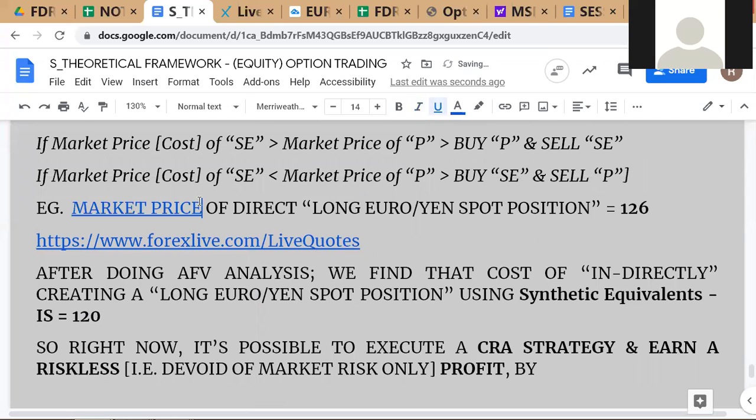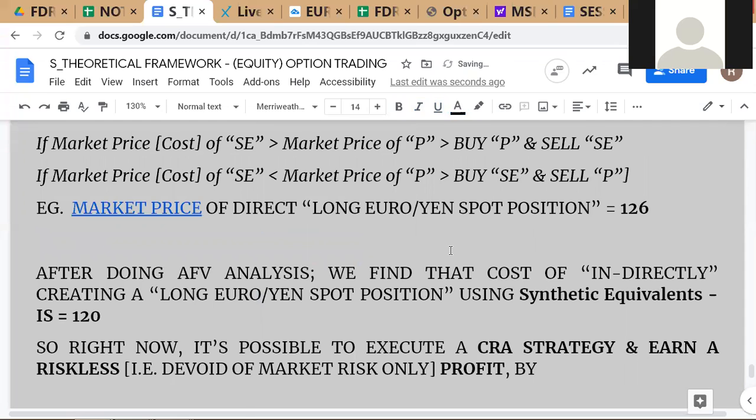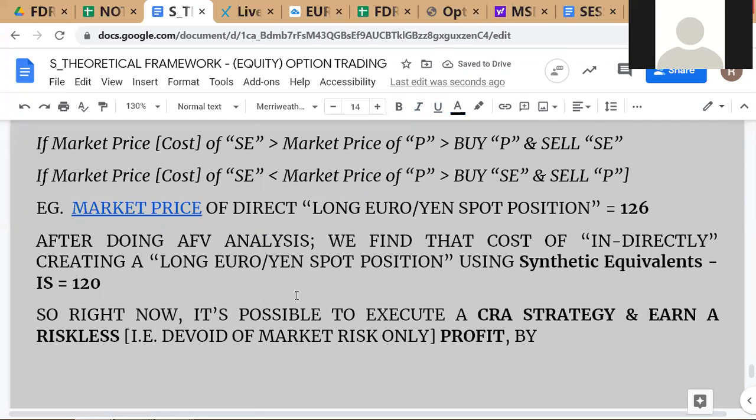So we find that the direct euro-yen is 126, but the synthetic euro-yen long is 120. So right now it's possible to execute a strategy because the synthetic is cheaper than the actual or the direct. Okay, the indirect synthetic is cheaper at 120 than the direct position.